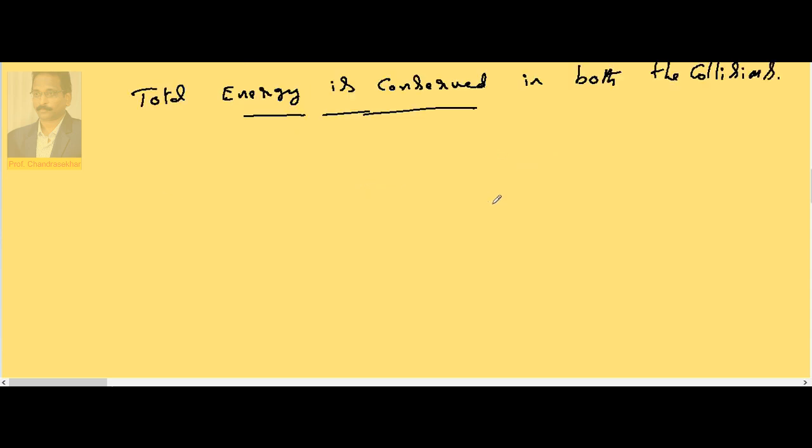For example, if I take an inelastic collision, a ball is projected onto the wall. It strikes the wall, returns. Now if you observe, when the ball hits the wall, you can hear sound. Sound is produced.